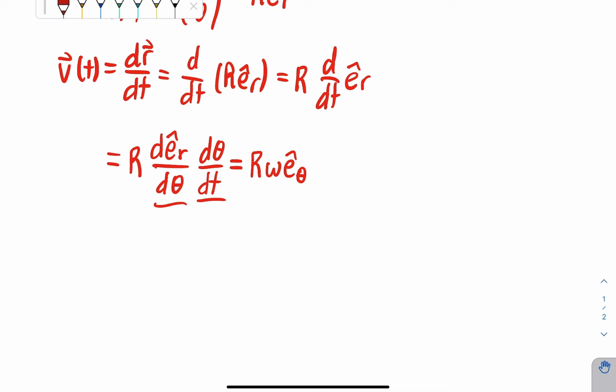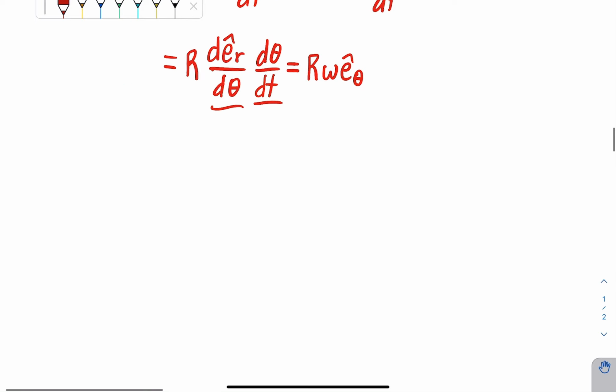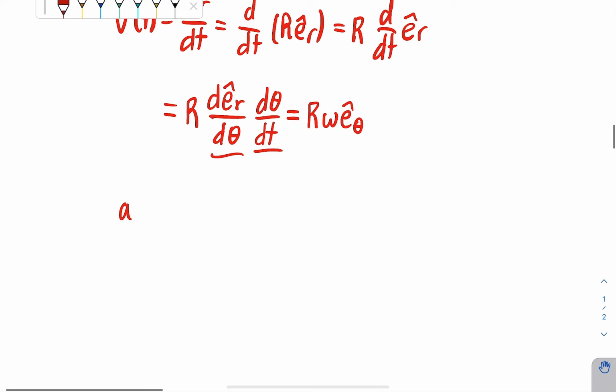Okay, so now we have an expression for our velocity, but now we'd like to find an expression for our acceleration. So the acceleration, a of t, is going to be equal to the derivative of velocity.